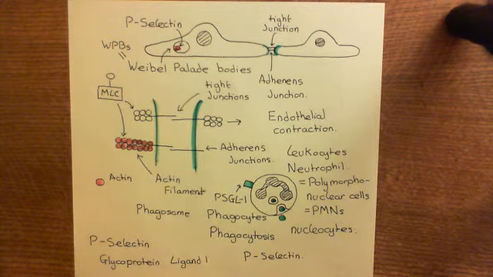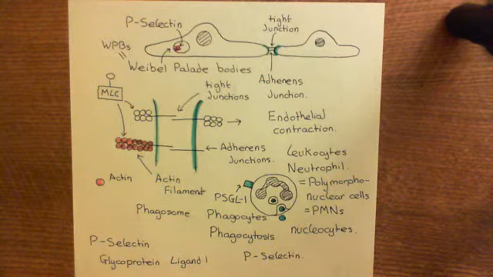Okay, now in order to catch neutrophils, all we need to do is exocytose these Weibel-Palade bodies so that the P-selectin is now on the apical surface of the endothelial cells and is exposed to the PSGL-1, so that the neutrophils can stick to the P-selectin and therefore will have the tethering of the neutrophils to the apical membrane of the endothelial cells.